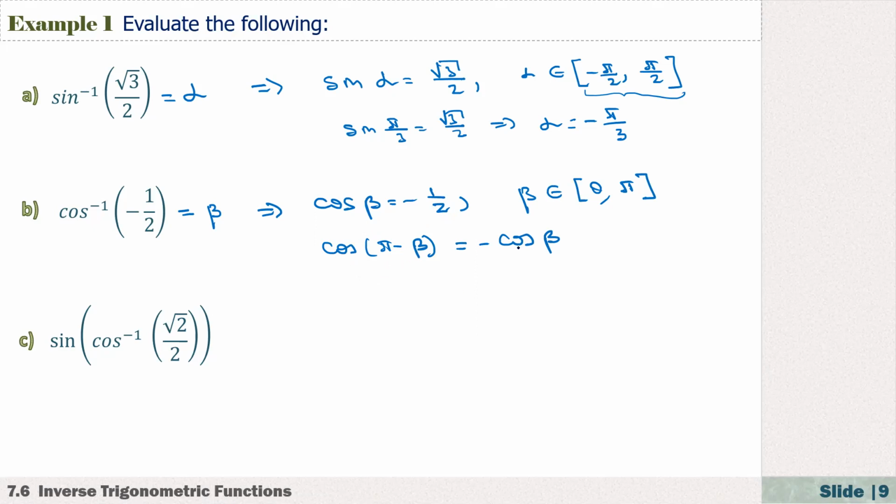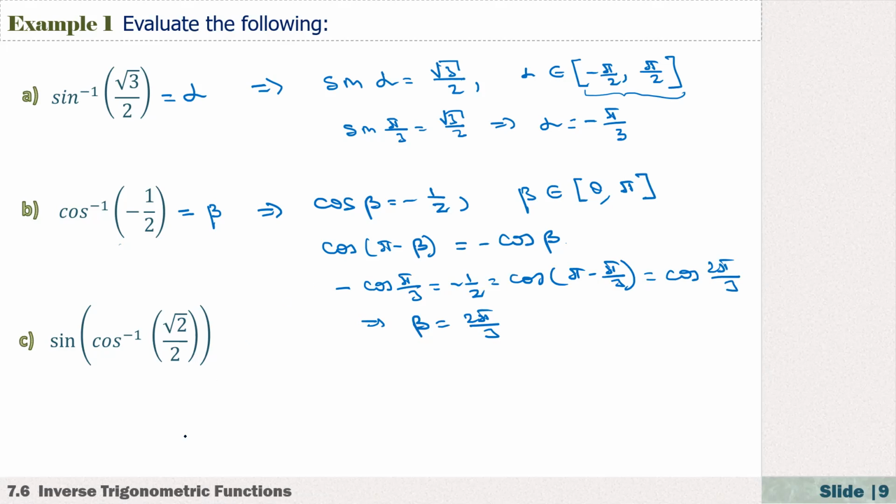Cosine function here, minus cosine of beta, if beta is equal to pi over 3, so minus cosine of pi over 3, that's equal to minus 1 over 2. So that's equal to cosine of pi minus pi over 3, which is 2 pi over 3. So cosine of 2 pi over 3, which implies that here our beta is 2 pi over 3. So the value of cosine inverse of minus 1 over 2 is equal to 2 pi over 3.